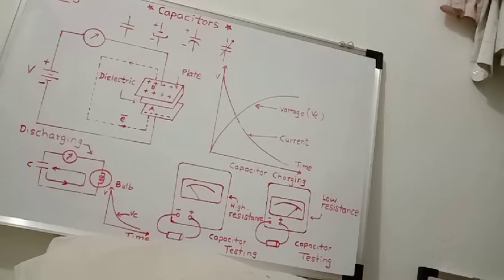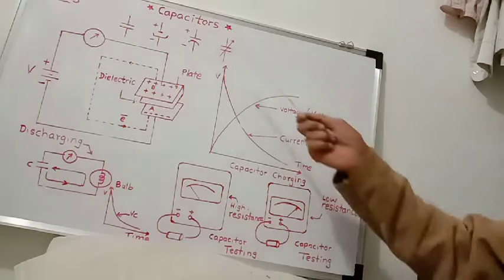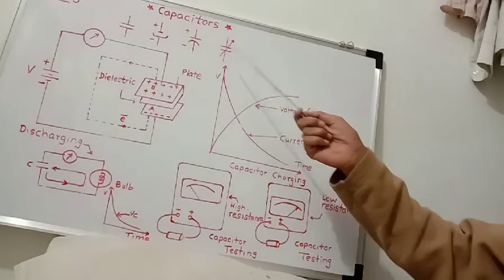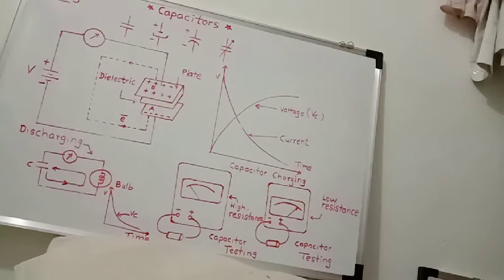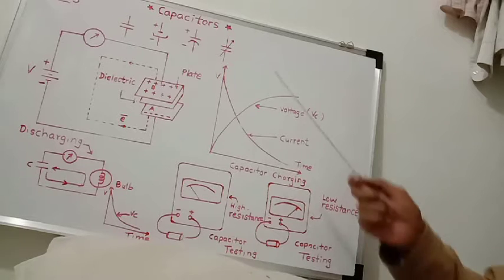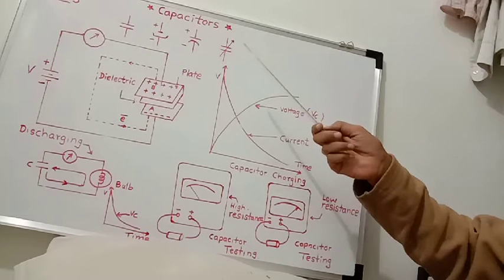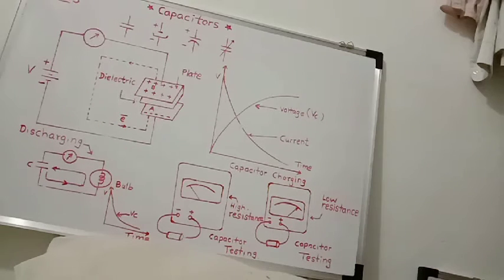And there is a variable capacitor which is used for tuning a certain frequency in oscillator circuits, or in RF amplifier circuits in a radio receiver. In radio receivers, for tuning a particular station, a gang type capacitor, which is a variable capacitor, is used.